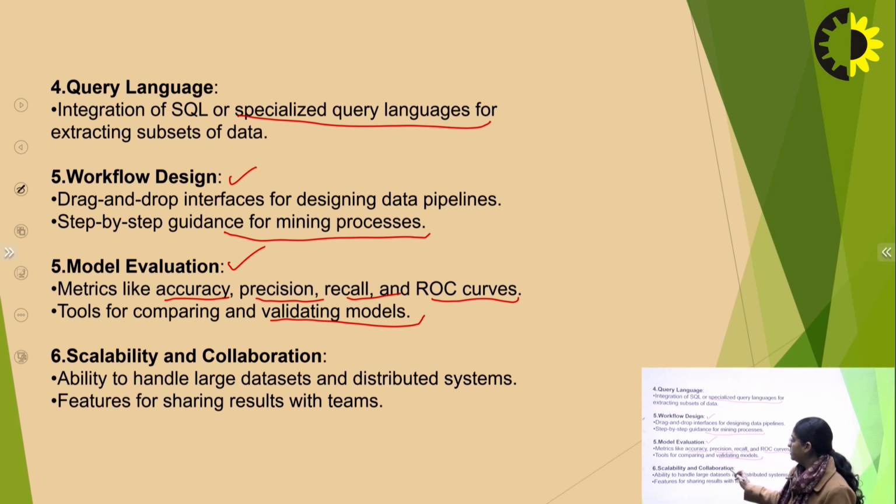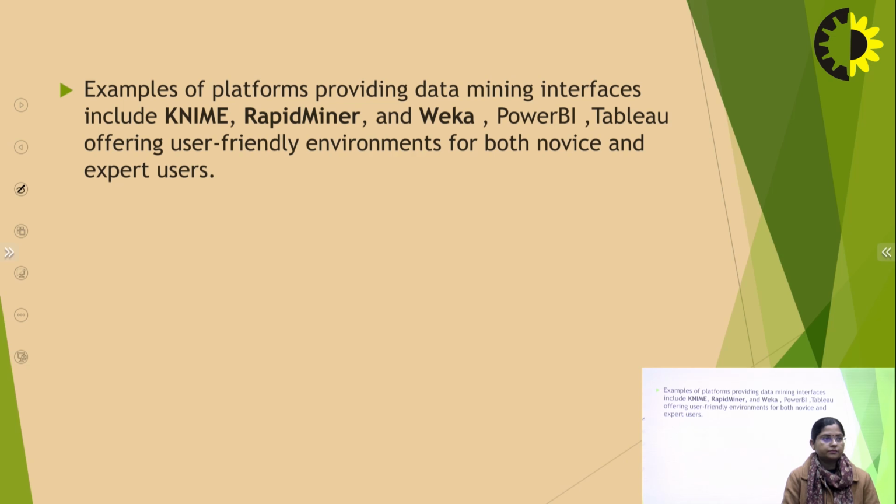Next is scalability and collaboration. It is the ability to handle large data sets and distributed systems, with features for sharing results with teams. What are the examples? Examples for data visualization, for example Weka. Weka is a very good tool for representing data and applying various machine learning algorithms, and Power BI and Tableau.